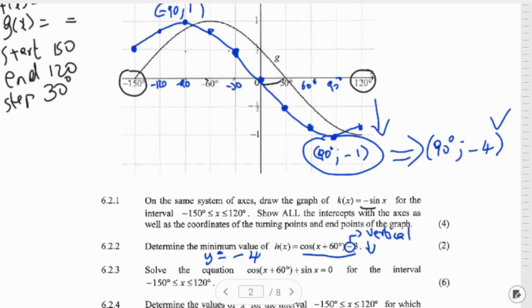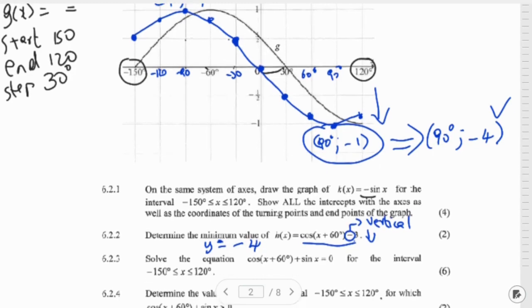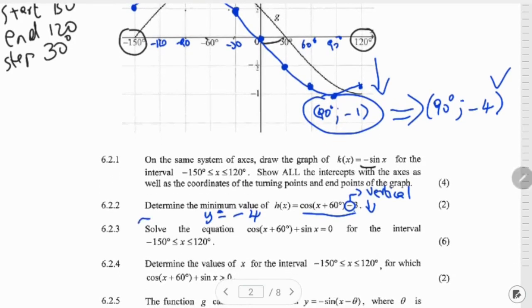And then solve the equation. We have to solve that equation for that interval. So it's set solve, so we're not using the graph. We're going to make use of the knowledge that we've learned on how to solve the general solution of trigonometry. All right. So we can take that sine to the right hand side.